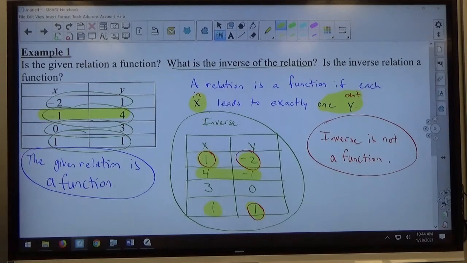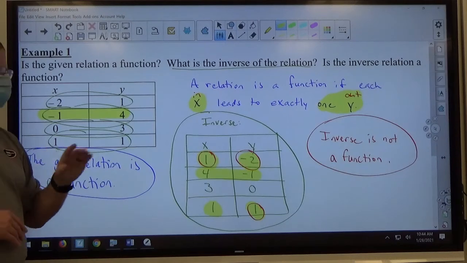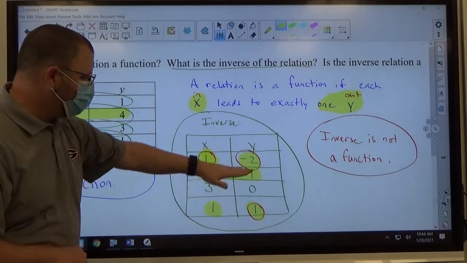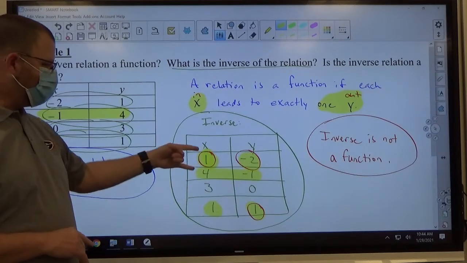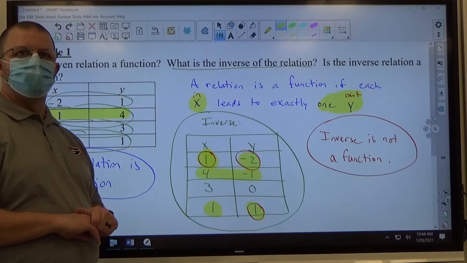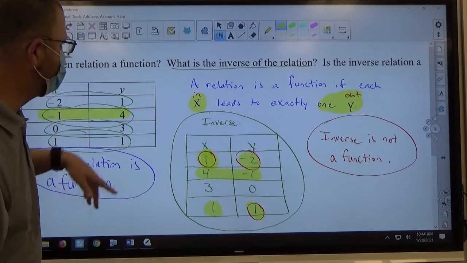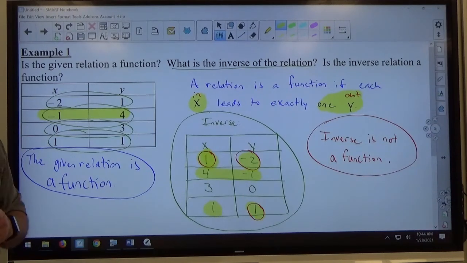We don't have to figure out the equation, we just have to flip the points. So if any one of the inputs gives me more than one output, it's not a function. If the x's match but the y's don't match, that means it's not a function. And beyond using the words leads to, that's about the only other way I can describe a function to you. Input of x gets me more than one y, that's not a function.